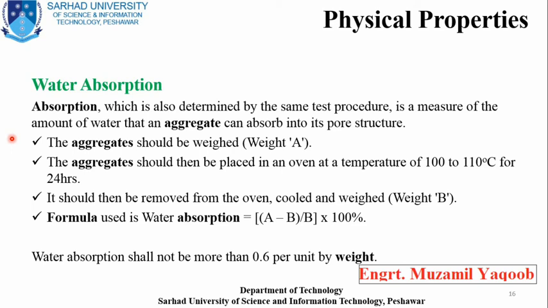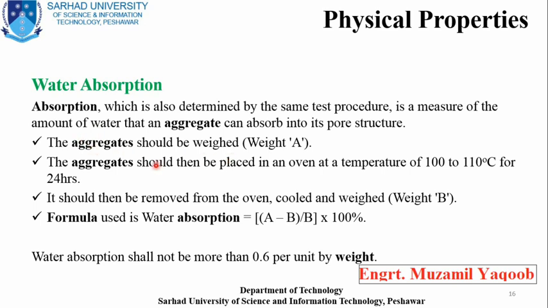The last property, which I think is very similar to porosity, is known as water absorption. As I discussed earlier, it is also determined by the same test procedure as porosity, right? When you are performing this experiment, your first step is to weigh the aggregates.